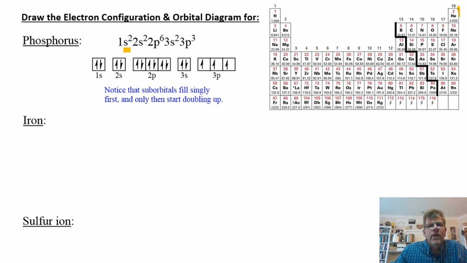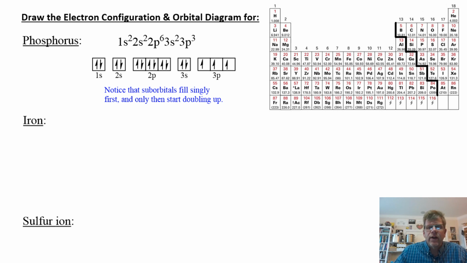We got an S, another S, a P, an S, and a P right from the electron configuration, and that is how we express those boxes below. Then it's just a simple matter of filling up with 15 electrons as we see here in this orbital diagram. Note, of course, that in the final case, that p orbital has three electrons in it. They have to fill singly first before we can start doubling up.